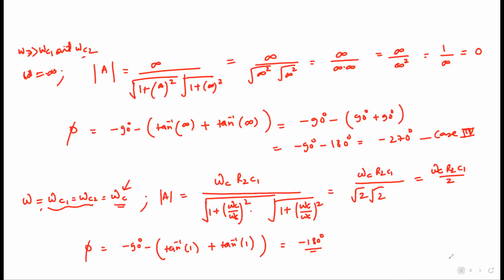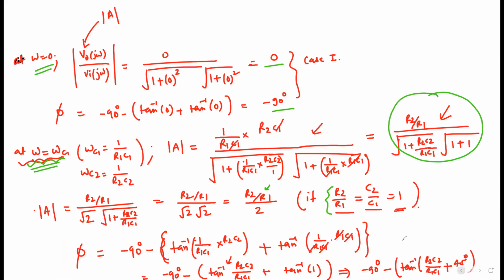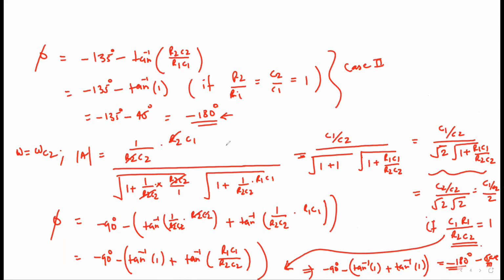What about the phase at these frequencies? The phase is varying. We see here it is minus 90 degree in this case, and the phase is minus 180 degree if we assume that this is the case 2.